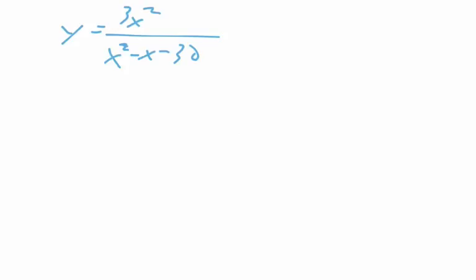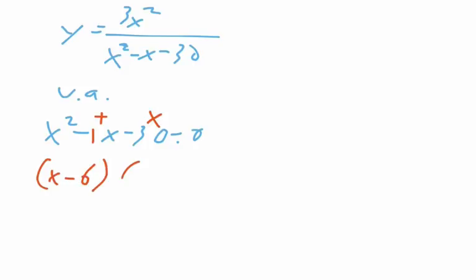For this problem, once again for the vertical asymptotes, I'm going to set the denominator equal to 0. This time I'm going to have to factor it, so I need two numbers that multiply to be negative 30 and add up to be negative 1. So that would be x minus 6 and x plus 5, which means this has two vertical asymptotes at x equals 6 and x equals negative 5.